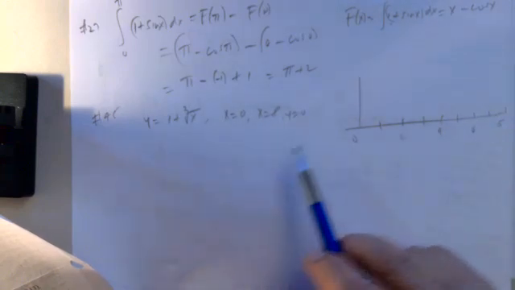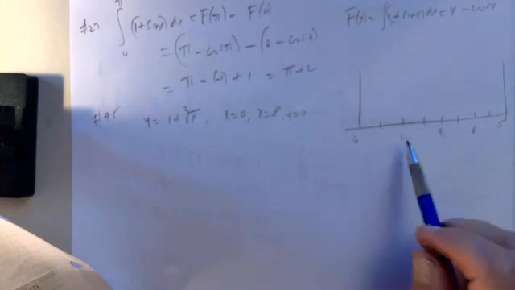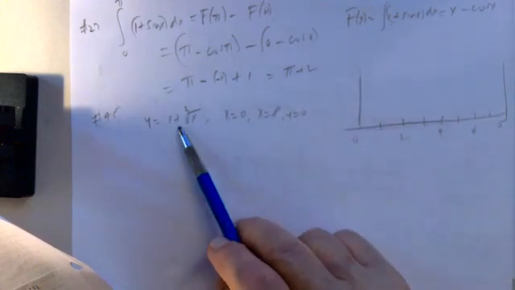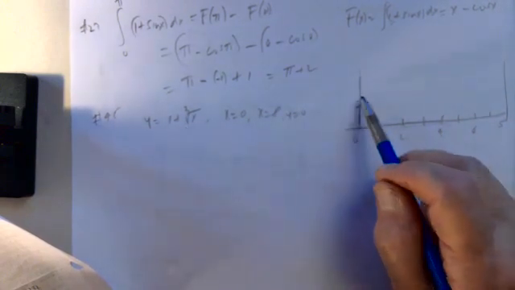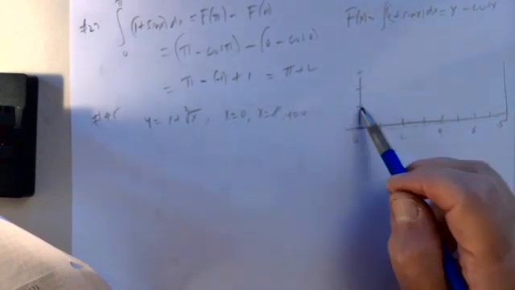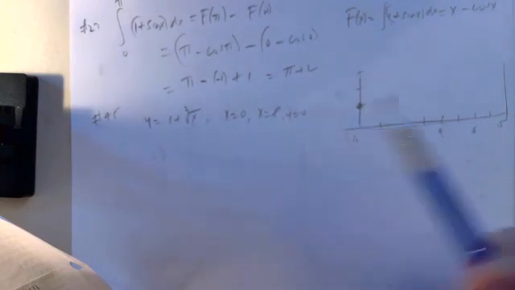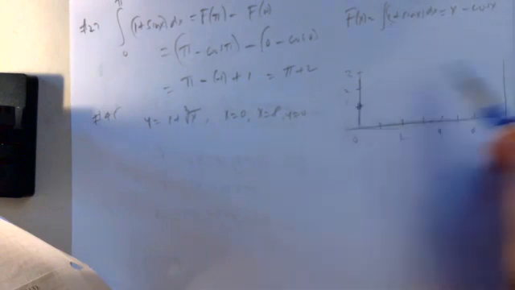So from 0 to 8, this is x equals 0, this is x equals 8, this is y equals 0, and 1 plus the cube root of x, when x is 0, this is 1. When x is 8, cube root of 8 is 2, 1 plus 2 is 3.